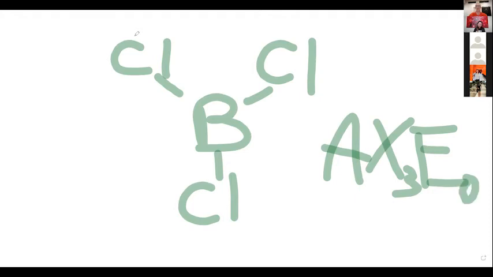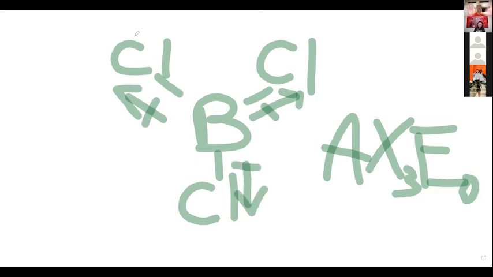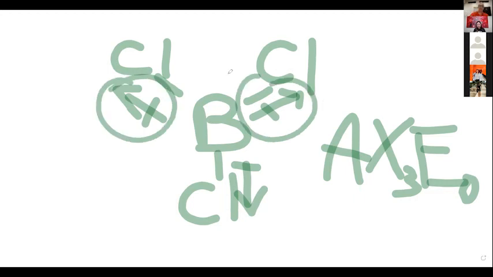That's a planar molecule, meaning that each one of these is exactly 120 degrees away from each other. When we add these together, they cancel each other out and it is non-polar.